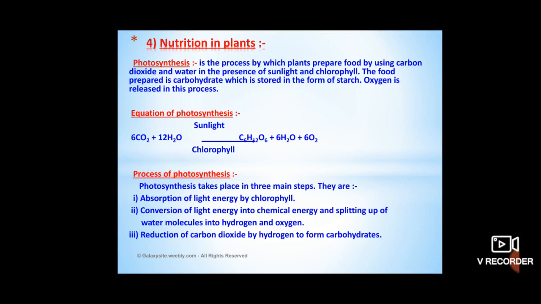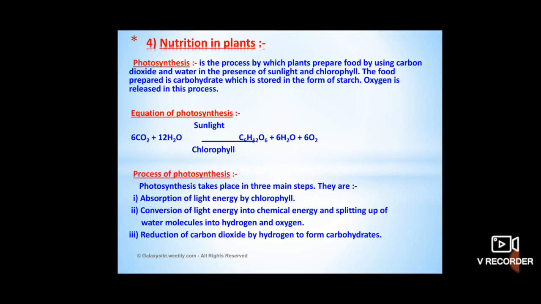See children, here the carbon dioxide, water, and sunlight play a major role in food preparation in plants. The food prepared is carbohydrate, which is stored in the form of starch.